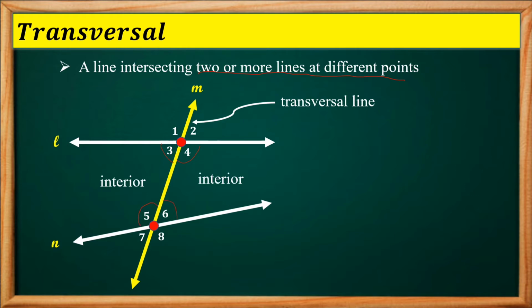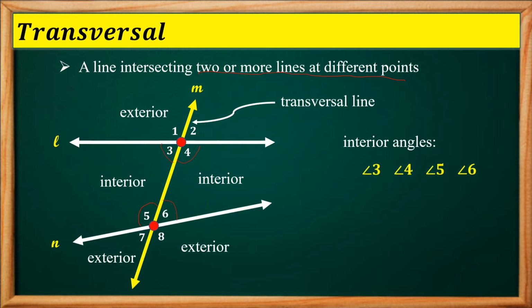Lahat yan, angle 3, angle 4, angle 5, and angle 6. Then, yung nasa labas na part, yun ay tinatawag nating exterior angles. The interior angles are angle 3, angle 4, angle 5, and angle 6. The exterior angles are angle 1, angle 2, angle 7, and angle 8.